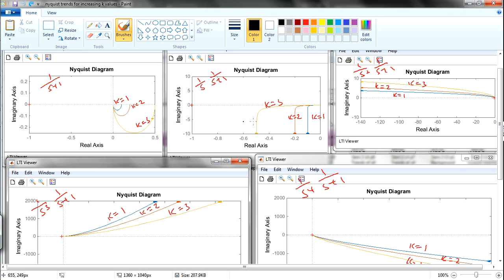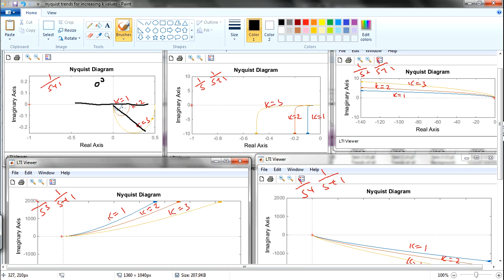As you can see, for 1 over s times 1 over s plus 1, it also comes in from a higher angle. Let's say if it's 0 degrees, it's like this. You come in from a higher angle.